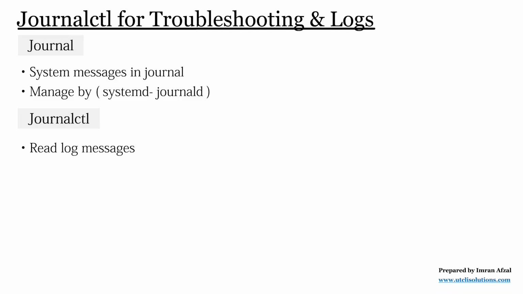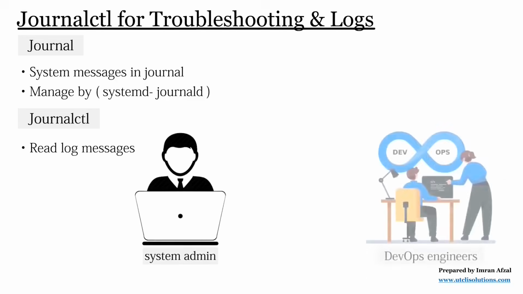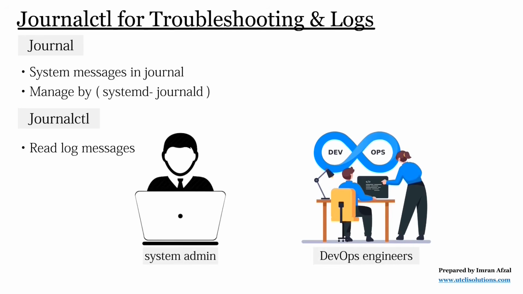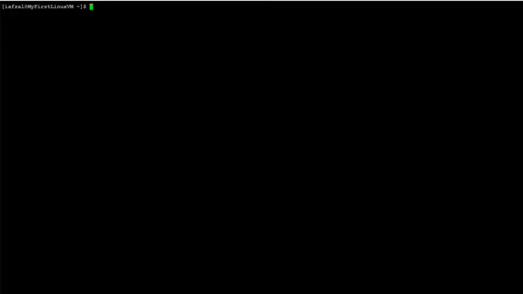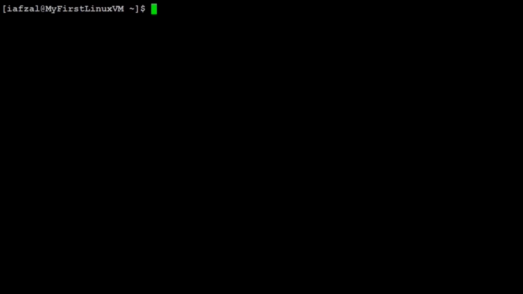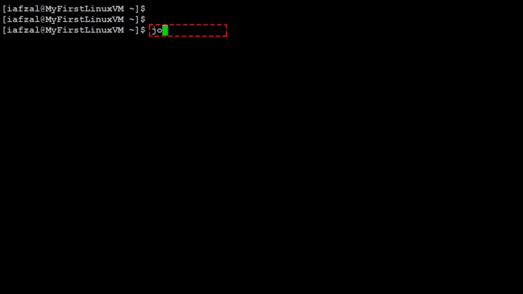That is why this command is so important for system administrators, DevOps engineers, support staff, and even beginners who want to troubleshoot Linux properly. The simplest way to start is by typing journalctl.